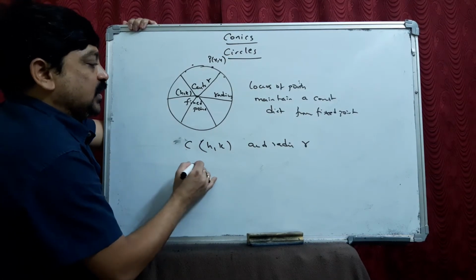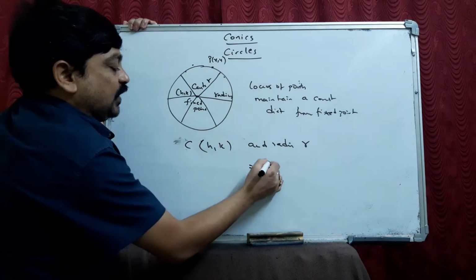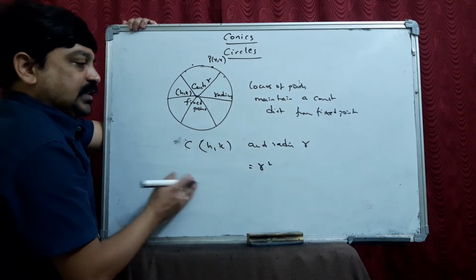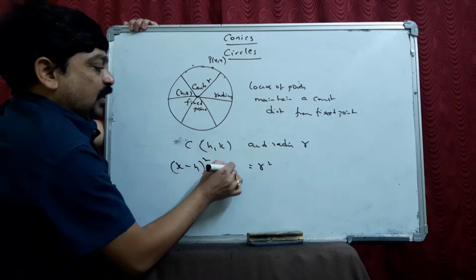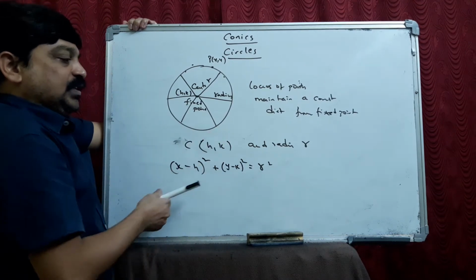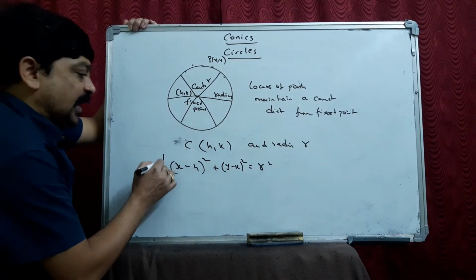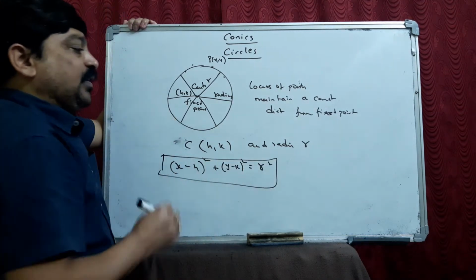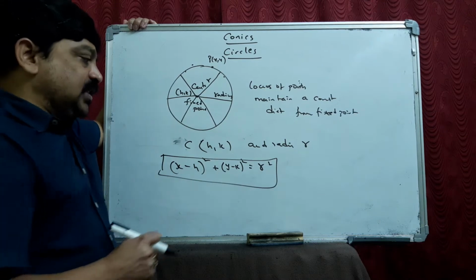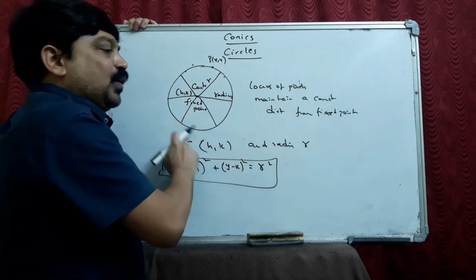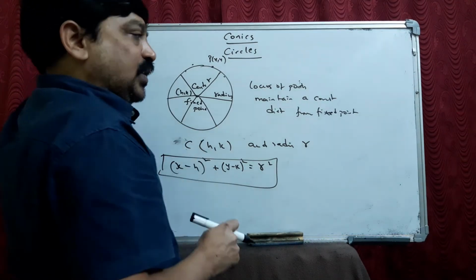So if you take the square of the distance, x minus h whole square plus y minus k whole square is equal to r square. This is the standard equation of a circle where h comma k is the center and r is the radius, and x comma y are the points on the circle.